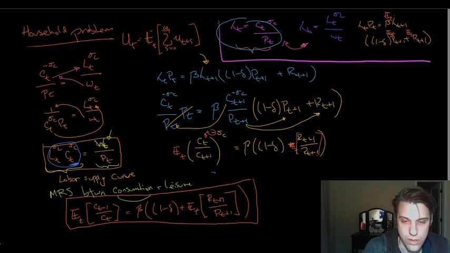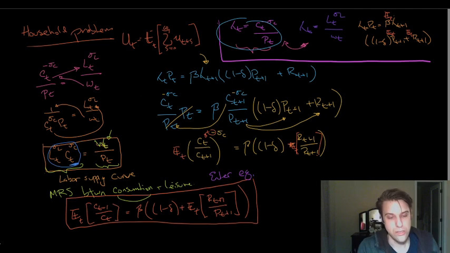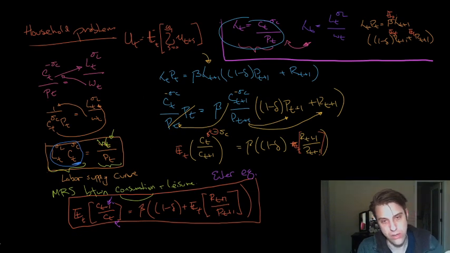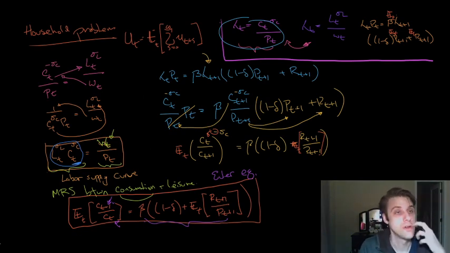The Euler equation. And what does it tell you? It tells you about the trade-off between consumption tomorrow and consumption today. What you need to pay the household to give up 1 unit of consumption today in order to have 1 unit of consumption tomorrow is this. And it should make some sense, because how do you move consumption through time?